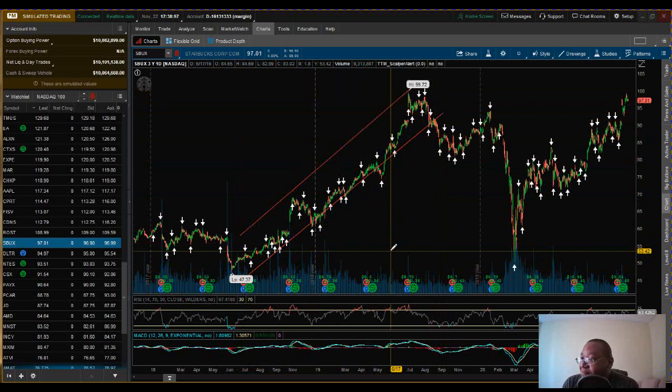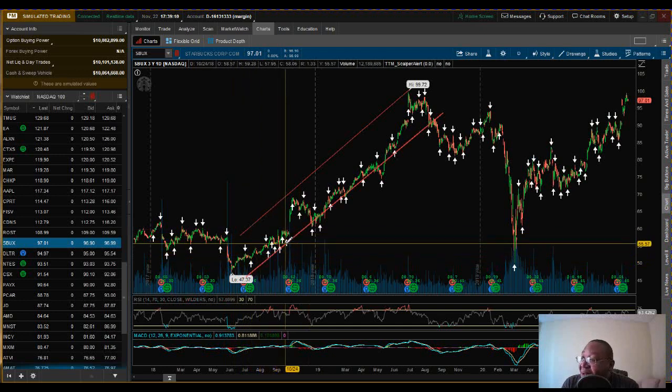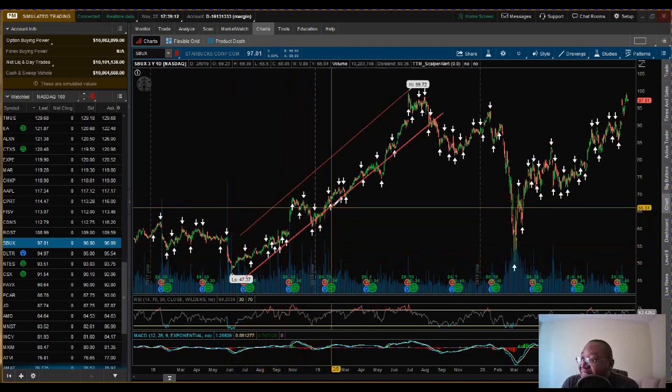Beautiful, beautiful upward trending for long-term investing, right? But as you can see, within that upward trend, the stock goes up and down, up and down, up and down.